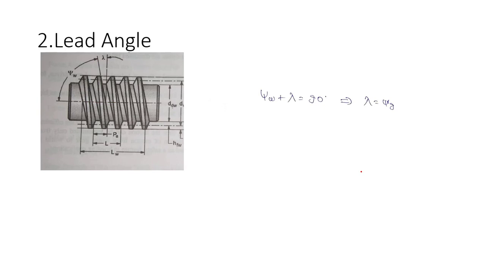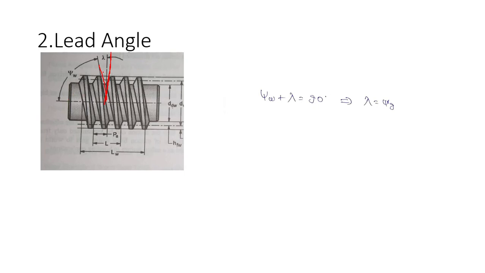Now next is lead angle. The lead angle is the angle made by the helix of the worm with a plane perpendicular to the axis of the worm. So if this is the straight line which is perpendicular to the axis of rotation, and this is the side of the teeth, the angle between them is the lead angle lambda.